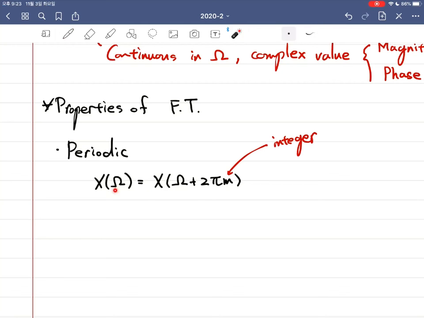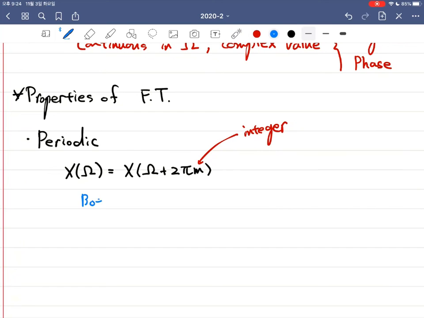And this was not true for the continuous time, right? The set of complex exponentials is periodic, therefore this X of omega is periodic. And since this is true for a complex value, both magnitude and phase are all periodic.